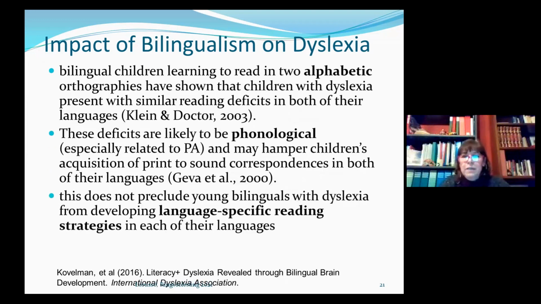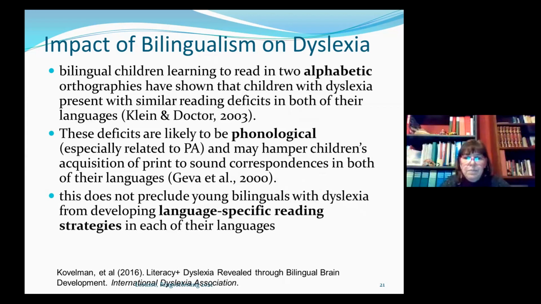Studies of bilingual children who learn to read in two alphabetic orthographies have shown that children with dyslexia present similar reading deficits in both languages. And these deficits are likely to be phonological, especially related to phonemic awareness, and they may hamper children's acquisition of print-to-sound correspondences in both of the languages.